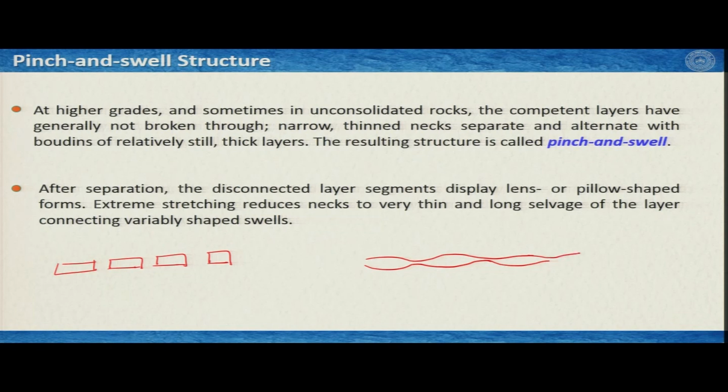You can experiment with this yourself by using a straw that we generally use to drink cold drinks and so on. So, these are known as swells and these are known as necks. We will see it in the next slide actually.